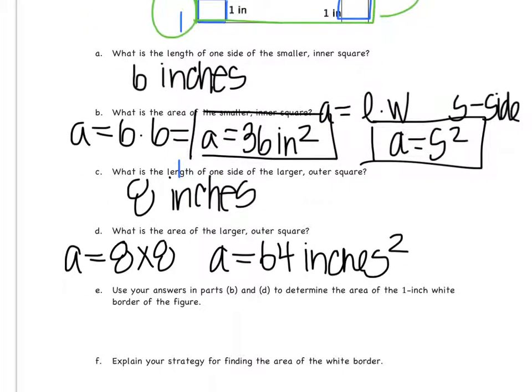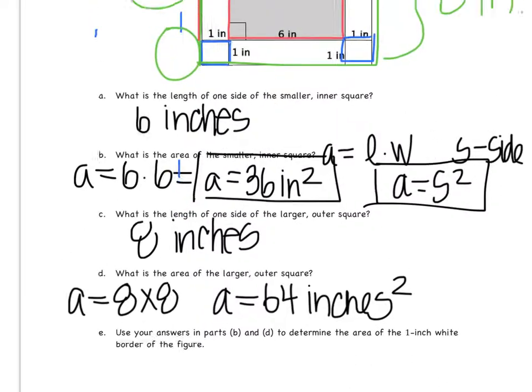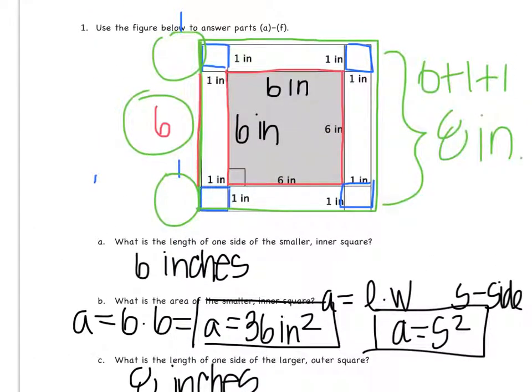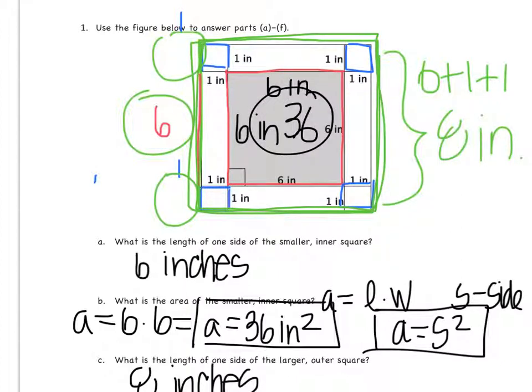So we want to use our answer from part A and B to determine the 1 inch white border. So if I know the area of this entire square is 64 and the area of the inner square is 36, to find the white part of the square, I'm going to subtract the two areas.